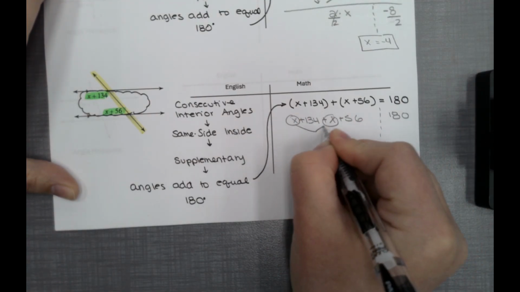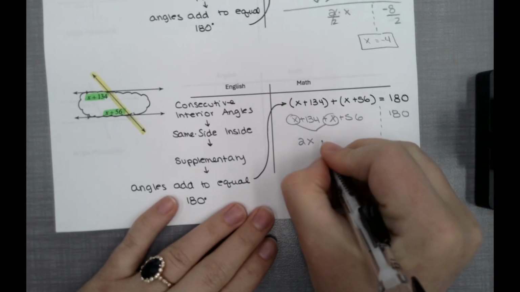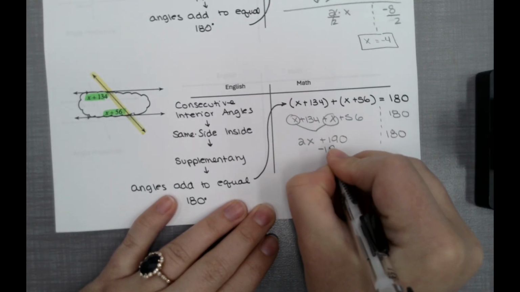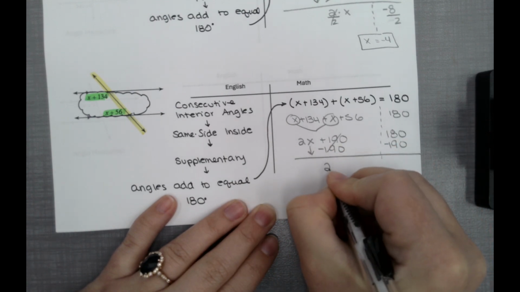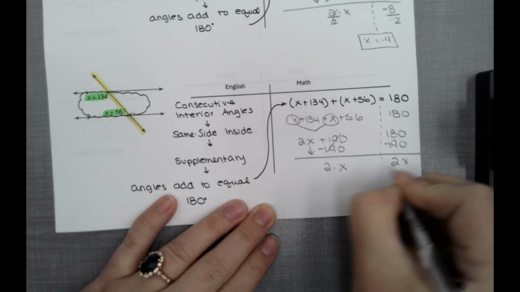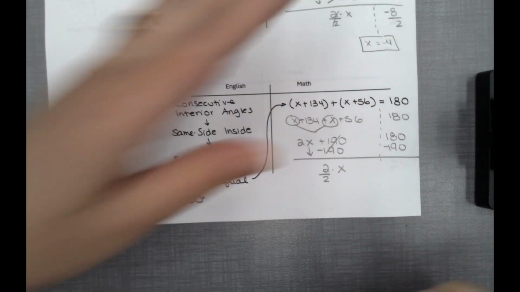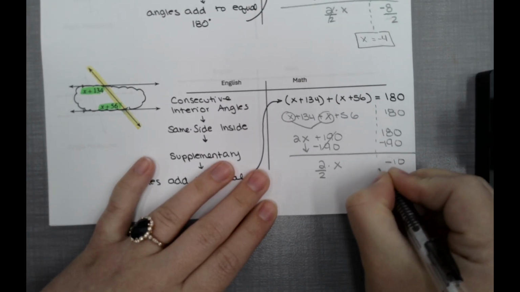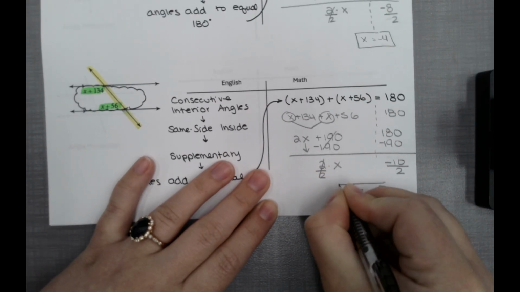X and x gives us 2x's. 134 plus 56 is 190, positive. I'm going to subtract 190 on both sides, bringing down the 2x. Divide by 2. Ooh, that's wrong. Let's go ahead and fix that. 180 minus 190 is a negative 10. Now I get to divide by 2. X is equal to a negative 5.